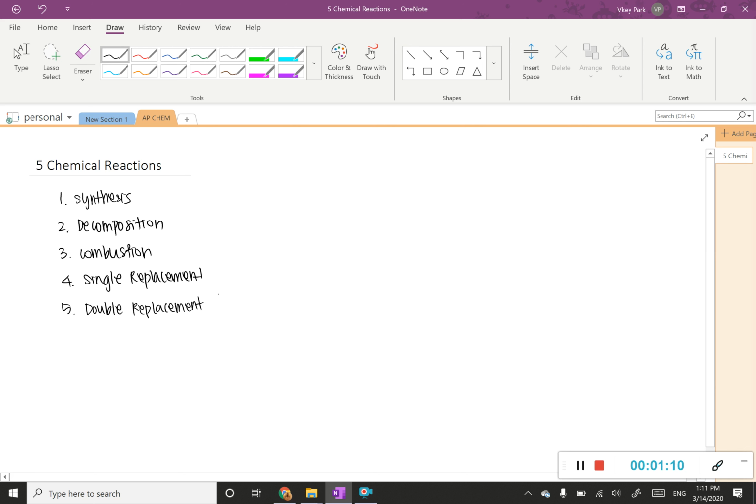But before we go on and talk about all 3 of these chemical reactions, I want to remind you guys about the diatomic molecules, okay? They are 7 atoms on the periodic table that will never ever exist by themselves.